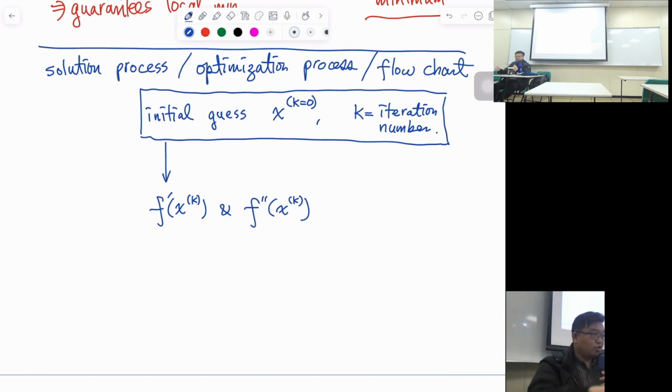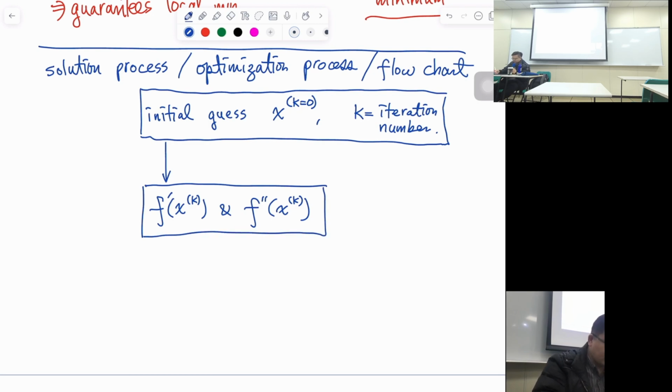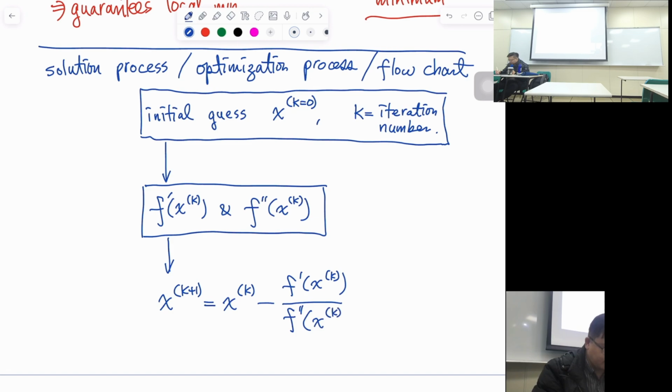That's why you need to know these two numbers at this point. So get those two numbers. What's next? Apply Newton's method. x(k+1) equals xk minus f prime of xk over f double prime of xk.